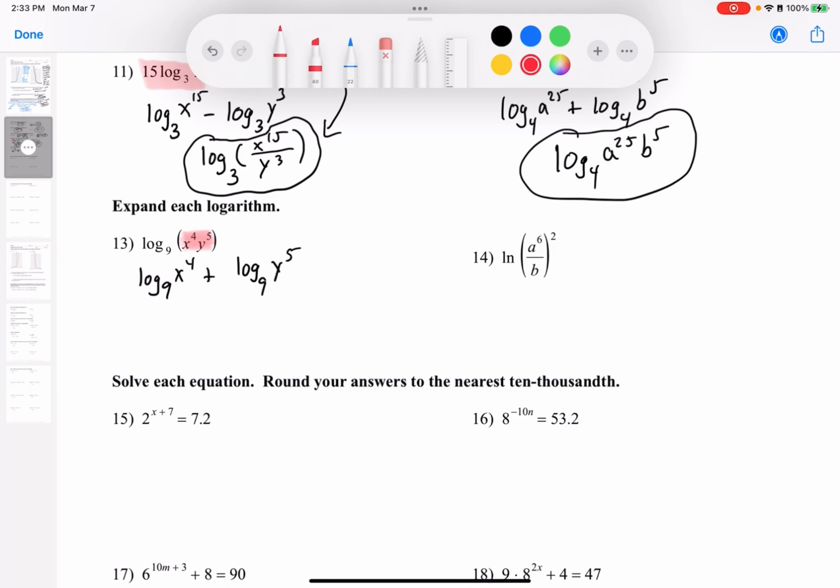Okay, but now I've got the power things going on both here and here. So since we're expanding it, I need to put those things out front. So it's 4 log base 9 of x plus 5 log base 9 of y. And that's your solution.